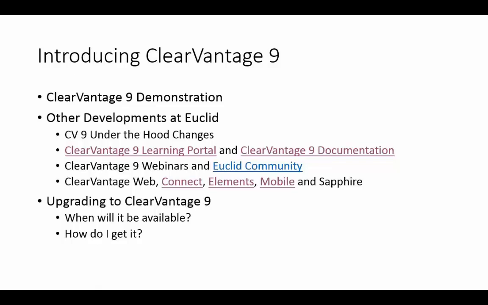All right. Well, that is a quick overview of a lot of the new features that Euclid's been working on over the past year. ClearVantage 9, version 3 of all of our web products. Some other neat features in ClearVantage 9 is once we upgrade you to it, it's self-upgrading.